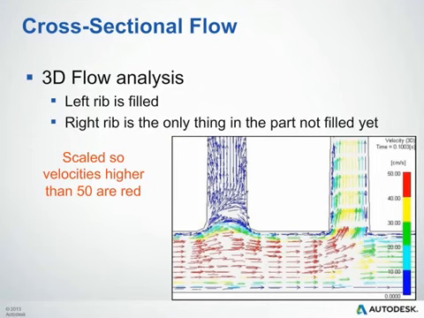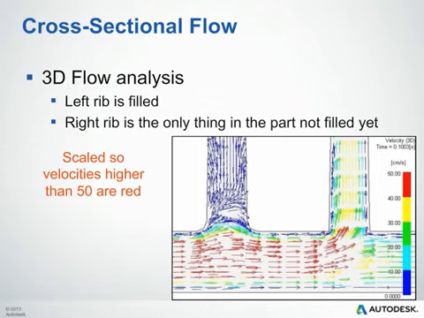If we take a look at a simple 3D flow analysis and examine our cross-sectional flow in this part, we have a part with 2 ribs. The one on the left is full already. You can see the velocity is at 0 at this point, but the rib on the right is not.